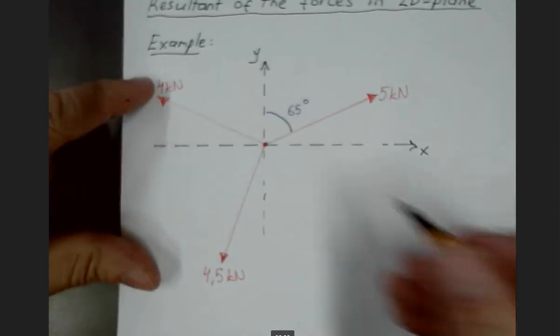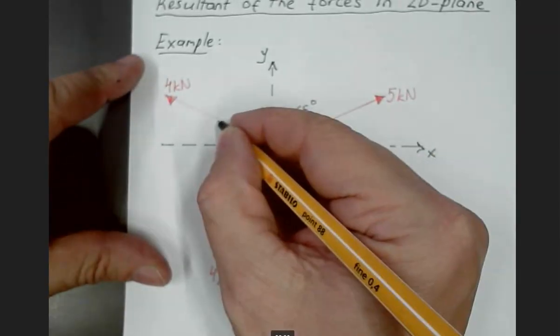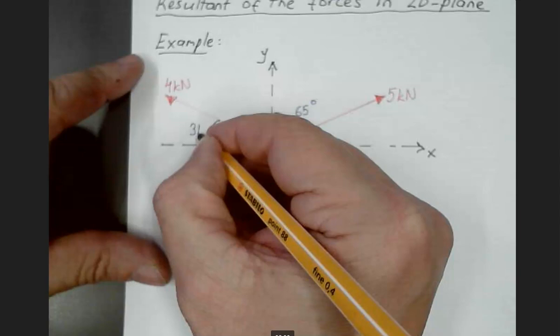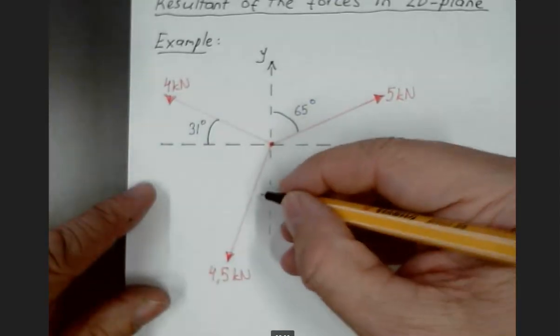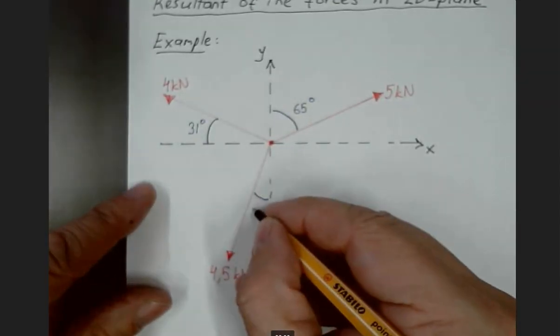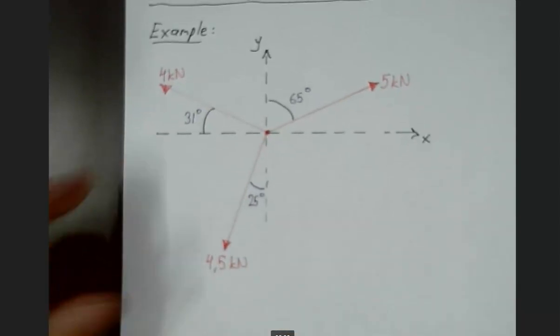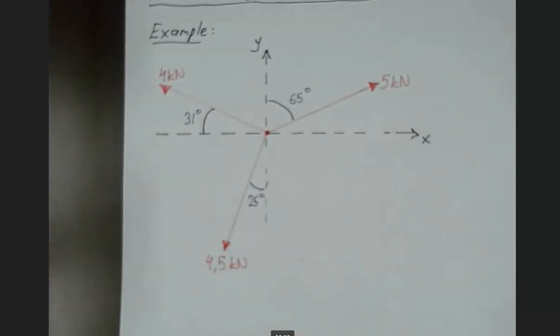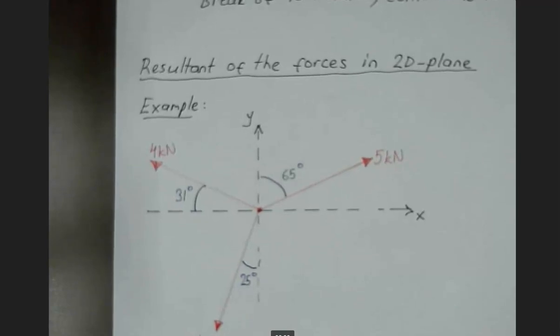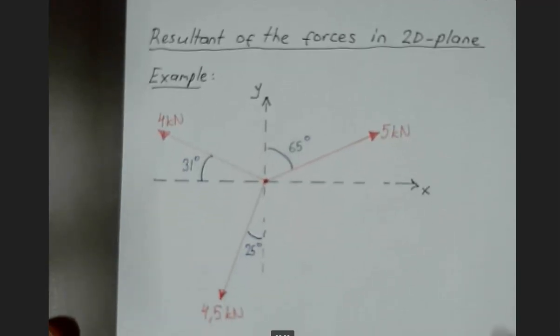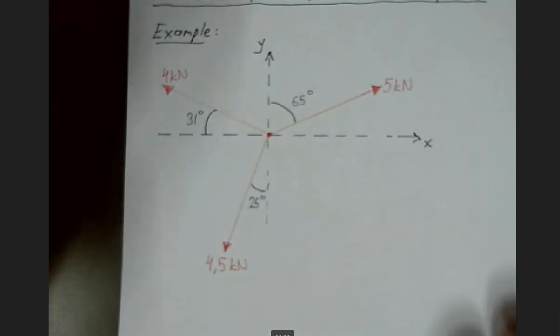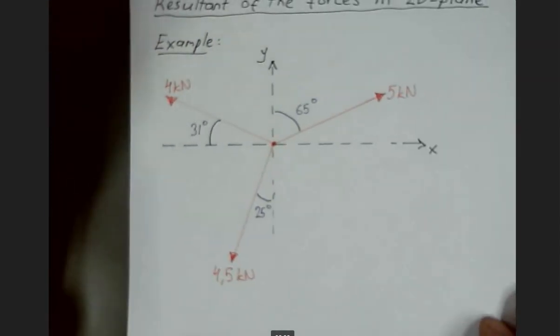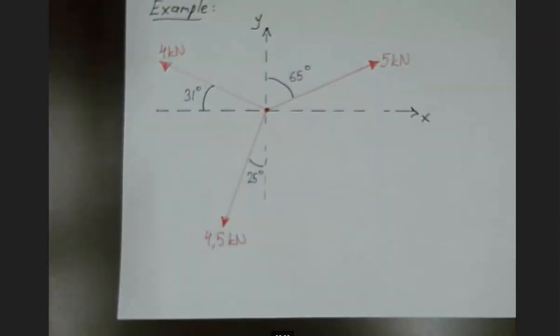But then, so this was 65 degrees. Let's say this is 31 degrees, and here we have 25 degrees. And now we are calculating the resultant, or the sum of the forces. So we have here three force vectors, and we have to add them.